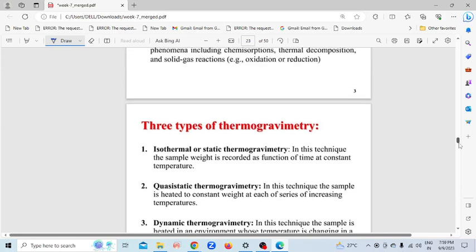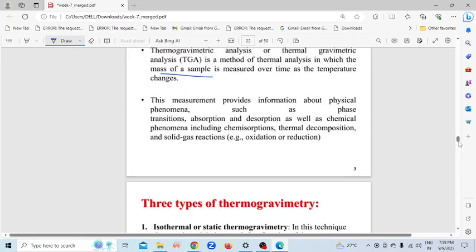Glass transition means, suppose this is the temperature and this is the hardness.